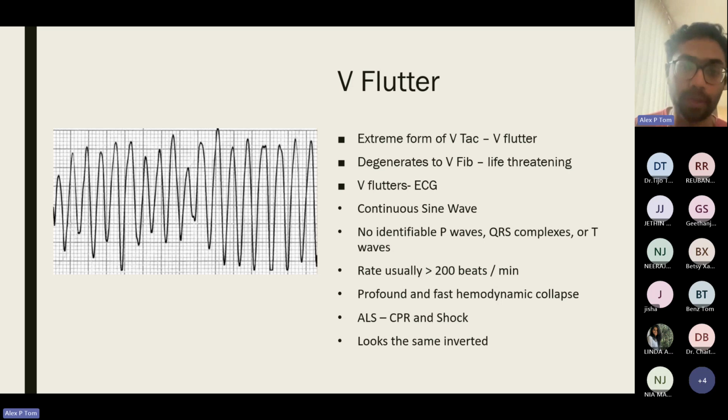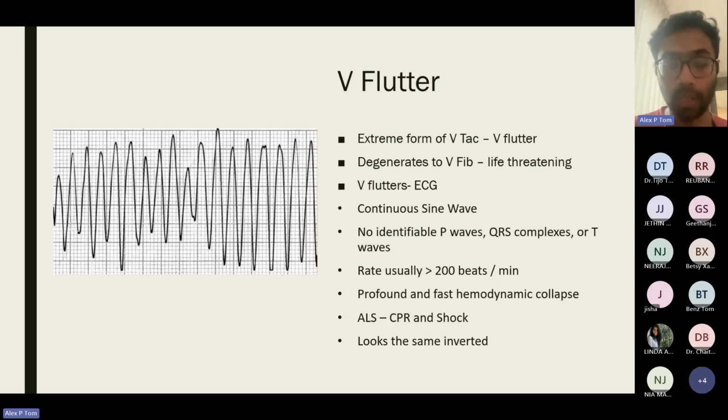Very sinusoidal pattern, broad QRS complexes, very sinusoidal, very fast. And here the ventricles are contracting very fast. The cardiac output will be very low, and the patient will be in shock, hemodynamic collapse. You need to follow the ALS protocols.